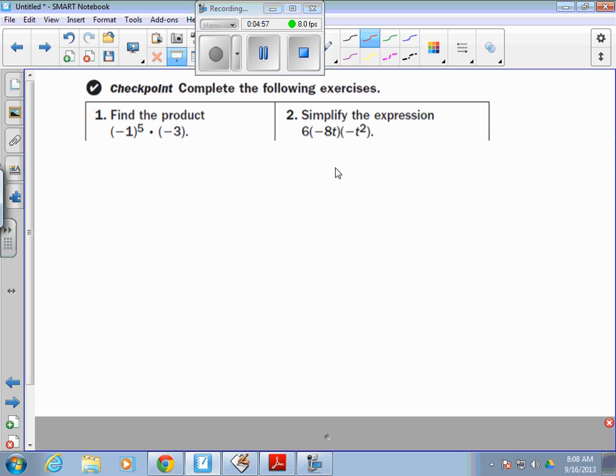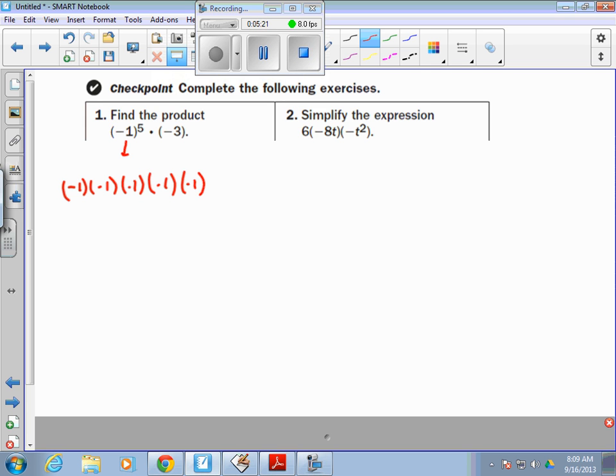Example number 3, checkpoint. Finding the product, negative 1 to the 5th power times negative 3. So right here, if you had to write them out, you don't need to, but if you had to, you know that this would be the same thing as negative 1 five times: 2, 3, 4, 5.